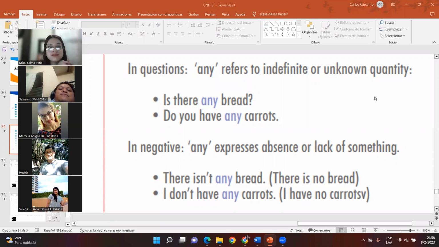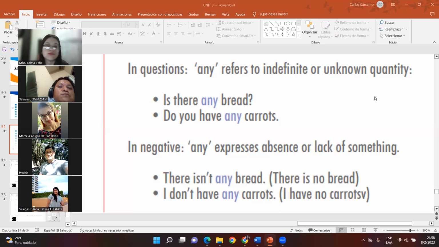There isn't any bread, it means no bread, nothing, not a liter, not a pizza, not a slider, nothing. We eat all the bread at home. There isn't any bread. Or if you say there isn't any water, it means no water.